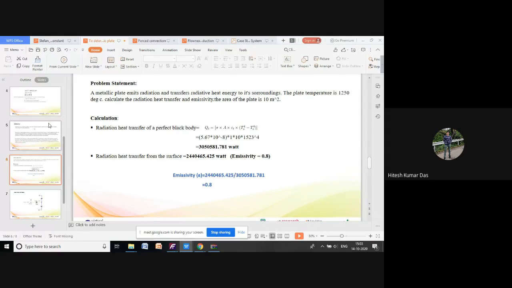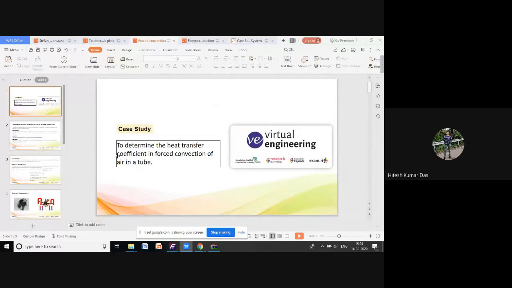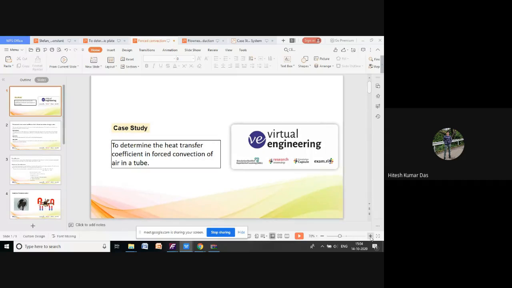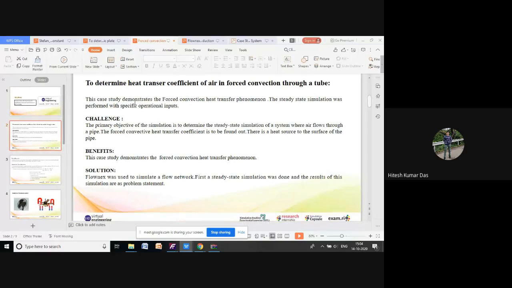Next we will go for heat transfer coefficient calculation for forced convection. Let me open my forced convection. For this we need to calculate the heat transfer coefficient in forced convection. In this case study we will demonstrate the forced convection heat transfer phenomenon; steady state simulation was performed with specific operational inputs, and all the inputs are given in the problem statement. The primary objective of this simulation is to determine the steady state of the system where air flows through a pipe.